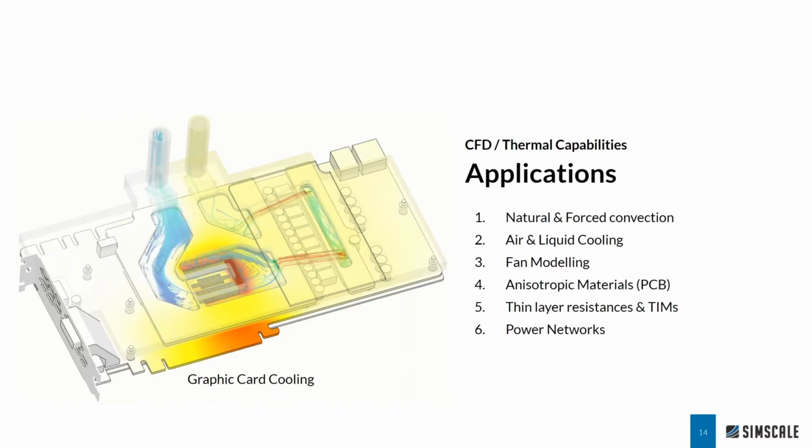We do support more niche applications for electronics. For instance, we support anisotropic materials for PCBs to capture the thermal conductivity of the copper layers. And we do have idealizations like thermal layer resistances, as well as thermal resistance networks, where you define a temperature delta per watt.